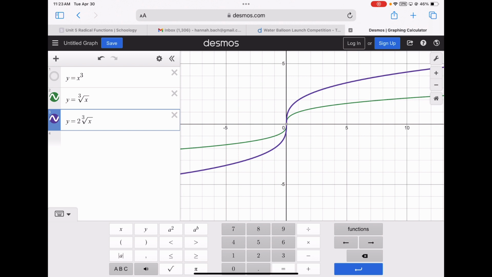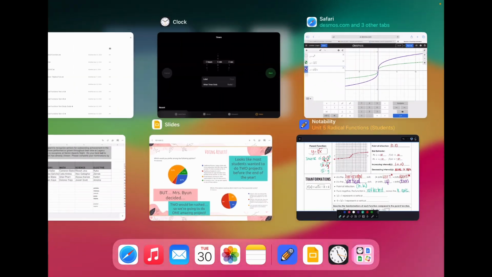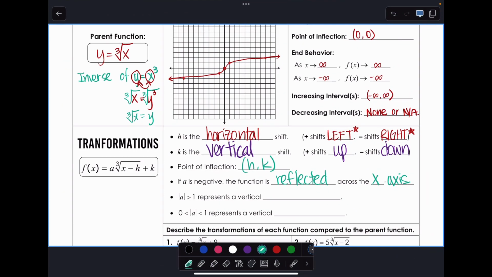It's stretched vertically or compressed? Vertically. So if it's above the parent function, it's a stretch. Does that help? If the new graph, the transformed graph, is over the parent function, then it's a vertical stretch.